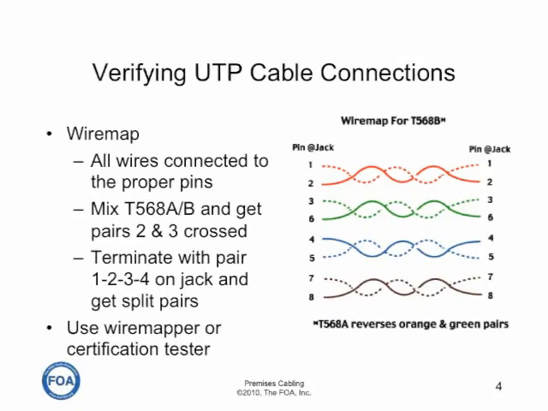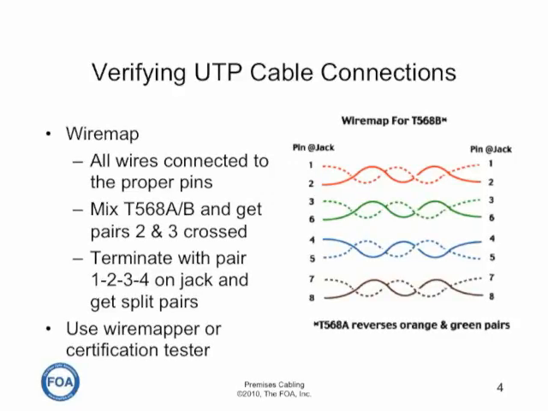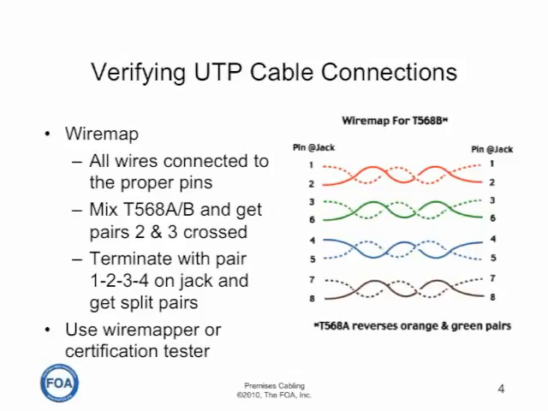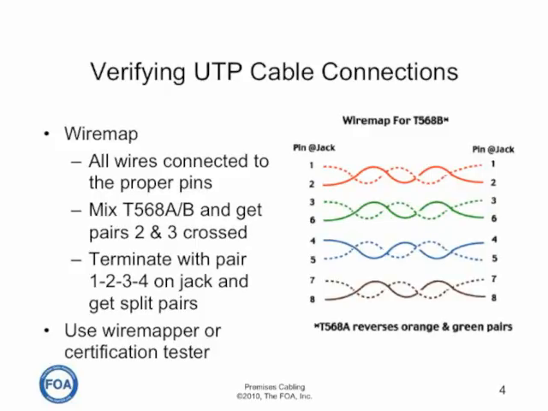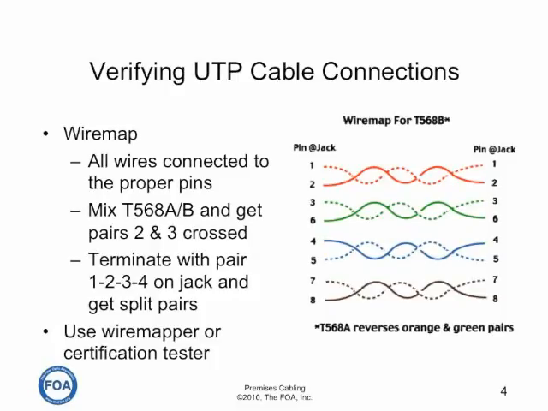Wire mapping is simply testing to make sure that all the wires are connected to the proper pins. If you don't get it correct, there are some common faults. For example, terminating one end as T568A and the other as T568B, so you get pairs 2 and 3 crossed.